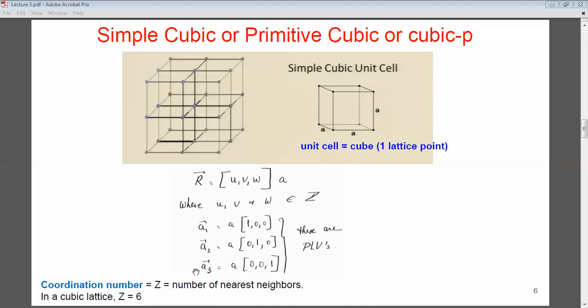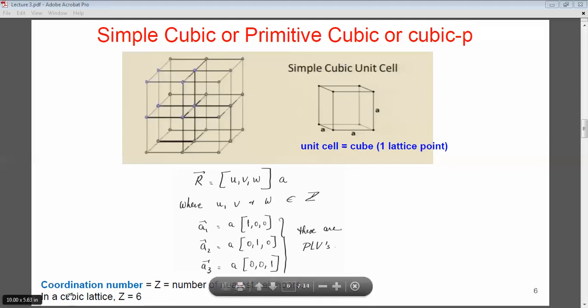Remember this? So we can choose a1 to be (a, 0, 0), vector a2 to be (0, a, 0), and vector a3 to be (0, 0, a). Remember, these are primitive lattice vectors. Fine. So this is how we describe any point in the lattice.